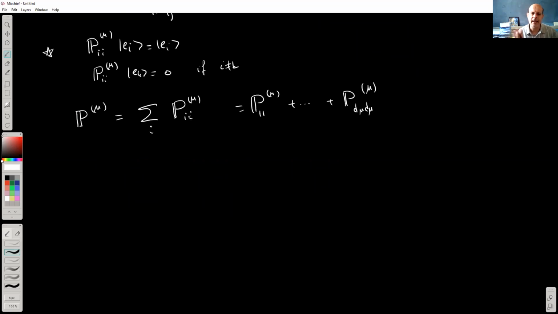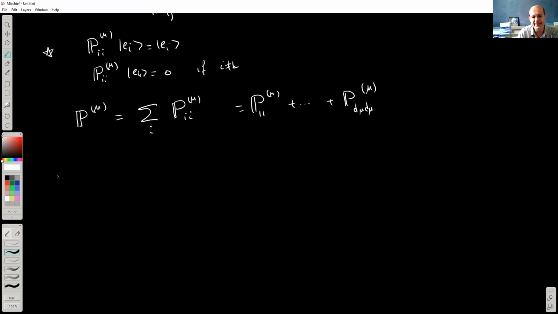If you want, this is like a trace, but it's not the trace because these are sub-indices of some kind of an operator set. So it's something else, but it looks like a trace, right? In any case, these P_mu are called the projection operators, but their property is this.